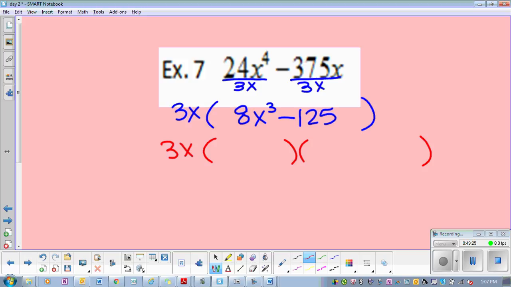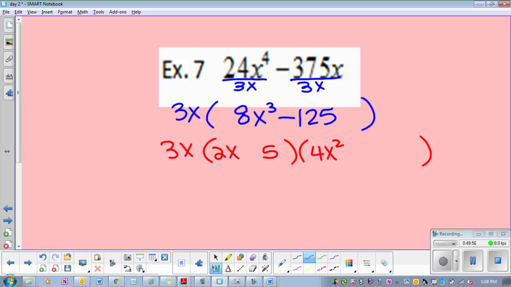What goes inside the binomial? 8. Okay, well, what's the cube root of 8x cubed? 2x. What's the cube root of 125? All right, now what goes in the trinomial? What's the first term? 4x squared. What's that middle term?